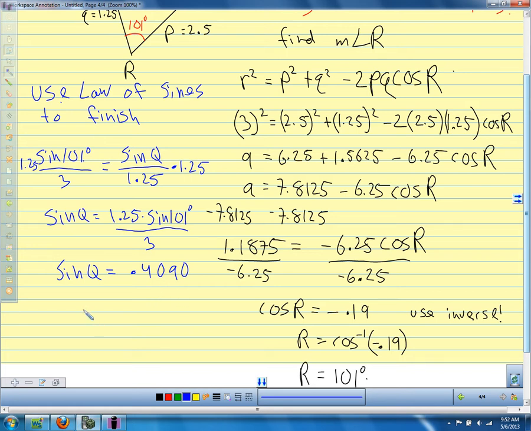Use the inverse. So Q equals the inverse sine of 0.4090. Plug that in my calculator and I get angle Q equals 24 degrees after I round. So I'll put that in my triangle.